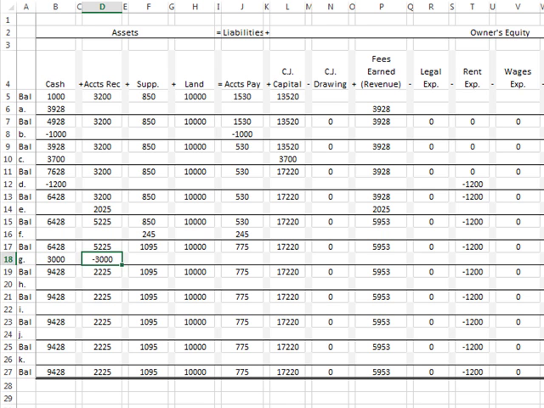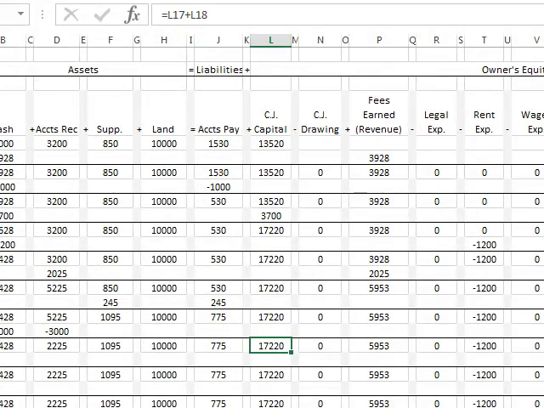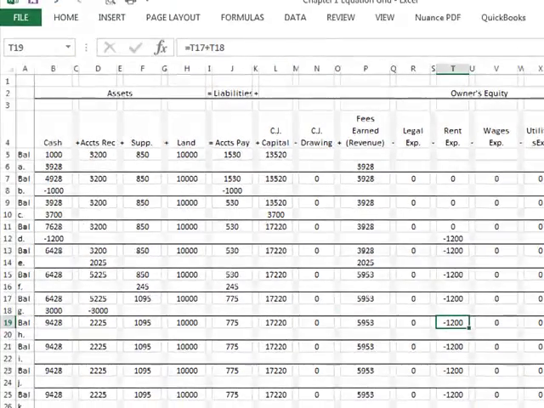Because some of our customers paid us. So now we have $9,428 in cash, $2,225 in accounts receivable, and then you bring down the balances for the accounts that we did not use in this transaction.